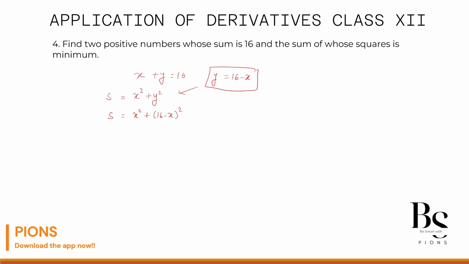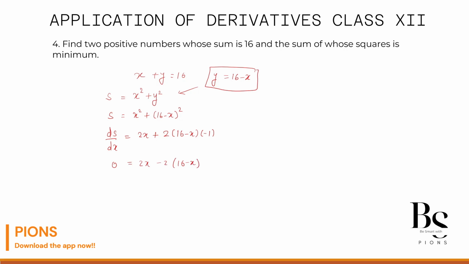So let's differentiate. It will be ds by dx, that will be equal to 2x plus, what's the derivative of the second term? 2 times 16 minus x, and derivative of minus x is minus 1. Be very careful, chain rule, right? So first is the power and then what is there in the bracket. Now ds by dx is 0, equals 2x minus 2 into 16 minus x.